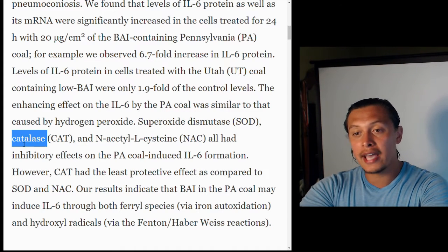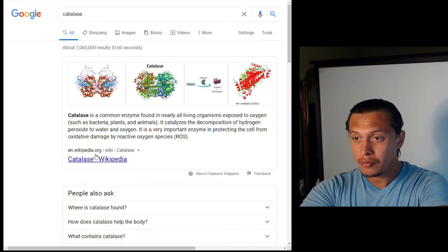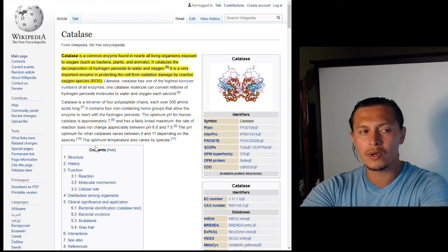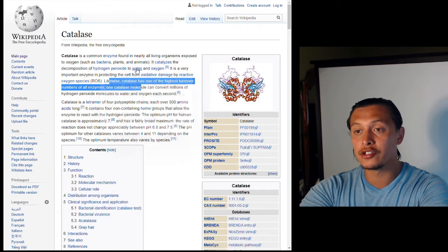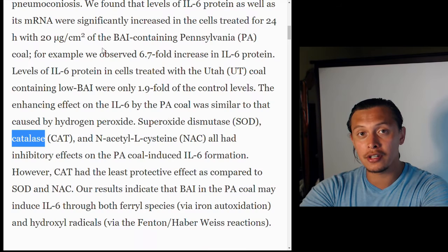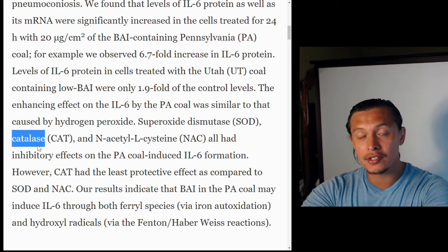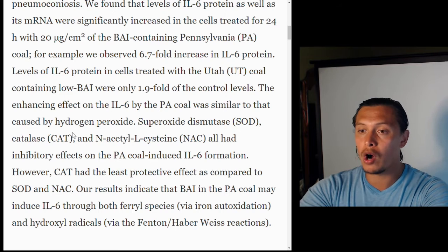There's also catalase, which turns hydrogen peroxide into water and oxygen. So by having both superoxide dismutase and catalase, you're able to turn superoxides into oxygen and water.